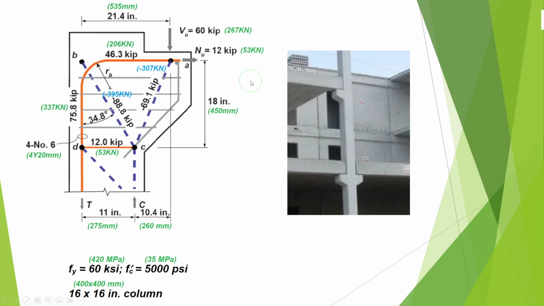Here we will take now a quick example. Here we have a corbel. I only provided this picture for clarification. What we will do, we will calculate the minimum radius bend, or the diameter or radius of the bend minimum for this curved bar to satisfy the requirements of the ACI code.